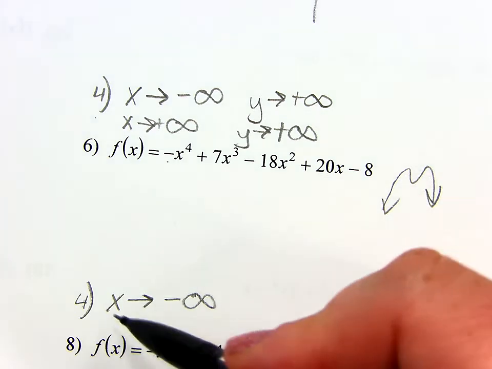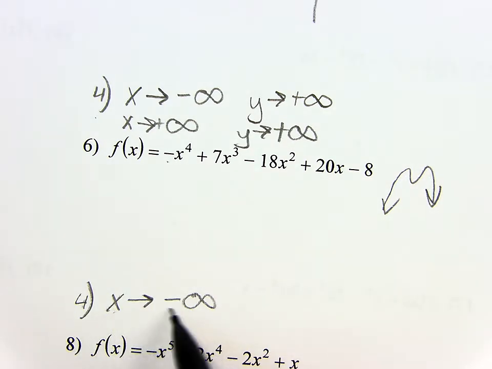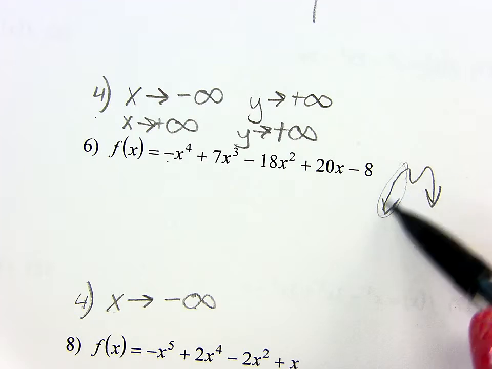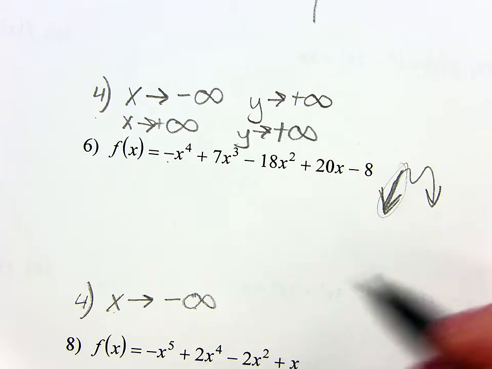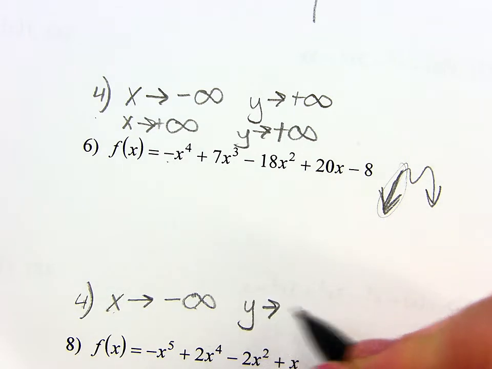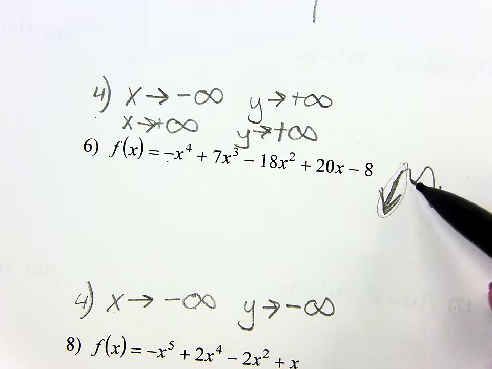So when you see x approaches negative infinity, that's just fancy math for asking, what's the left-hand side doing? The left-hand side is going down, right? So that's just going to negative infinity. So y is going to negative infinity.